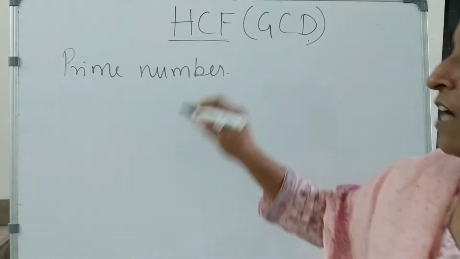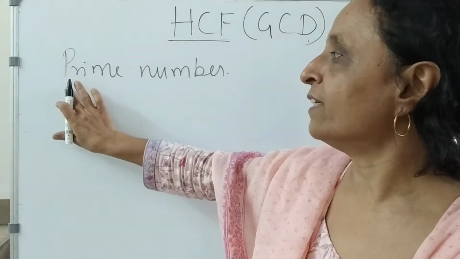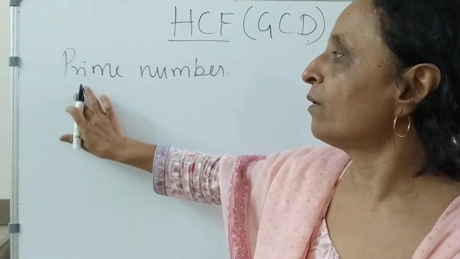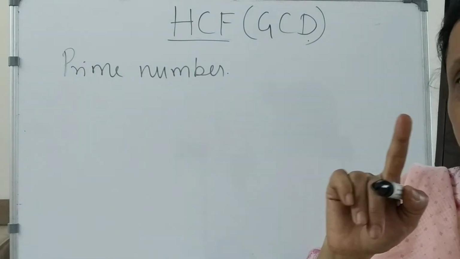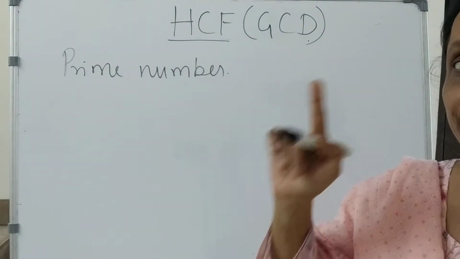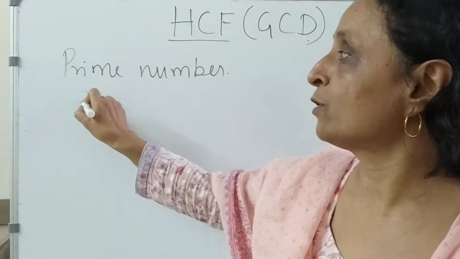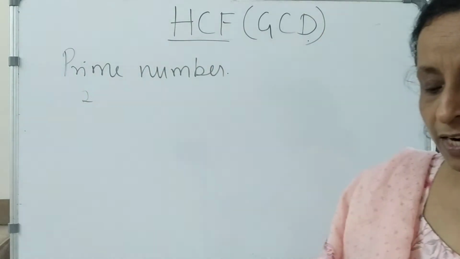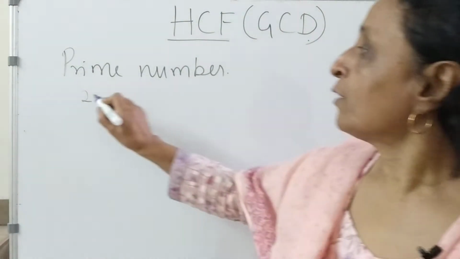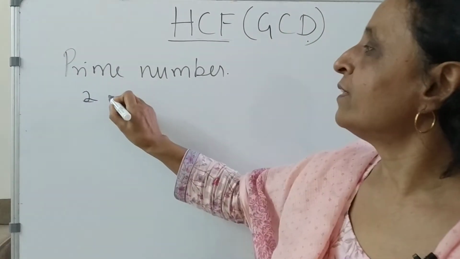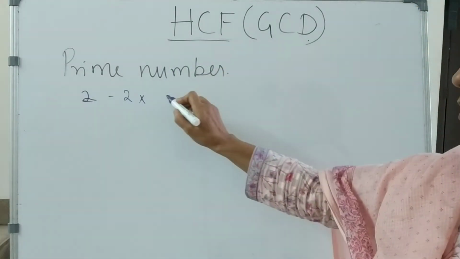Now, you start writing the number 1. 1 is neither a prime number nor a composite number, so we start with 2. 2 is a prime number. 2 you cannot break into components.